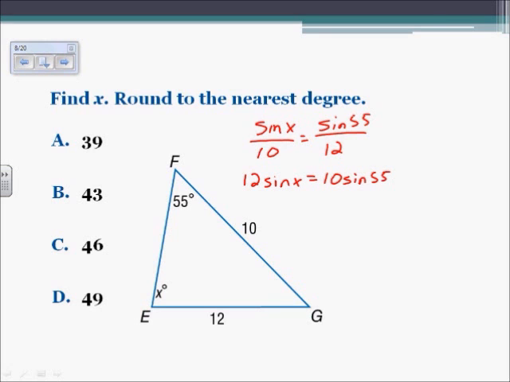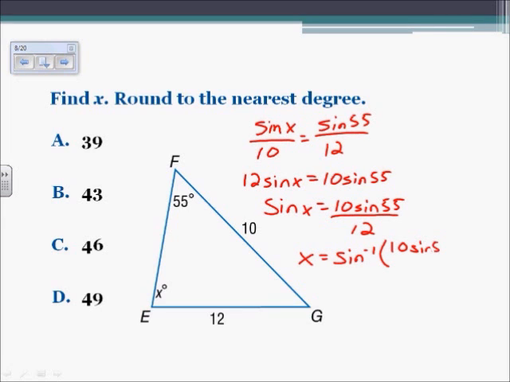Sine of x is equal to 10 sine of 55 over 12. Do the sine inverse. You have x is equal to sine inverse of 10 sine 55 over 12.